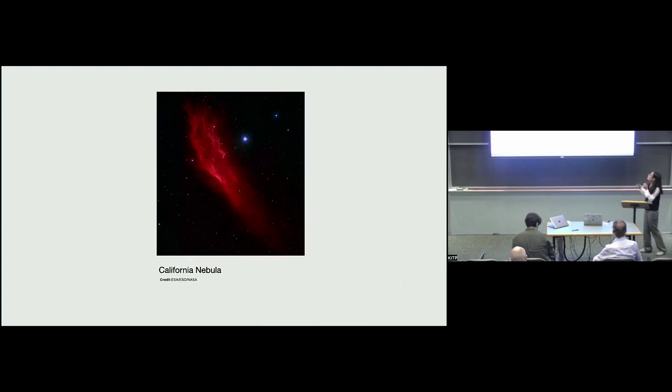We believe the reason it glows is this very bright O7 star to the right, which is photoionizing it. In a cluster environment, we also see many cases with H alpha emission, but in those cases, as I'm going to show later, what is responsible for it is not so clear.